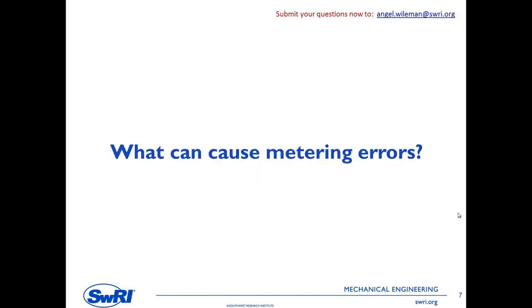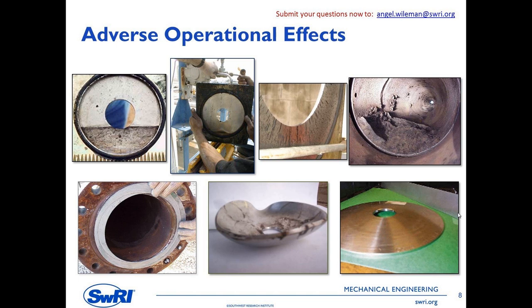So how do you come about creating these cool metering errors? Well, one of the things that happens in the field is you can have operational effects. Clean, dry natural gas is not always so clean and dry. You can see the examples that are there on the screen of orifice plates that have been removed with obviously residual liquids splattering through the orifice.